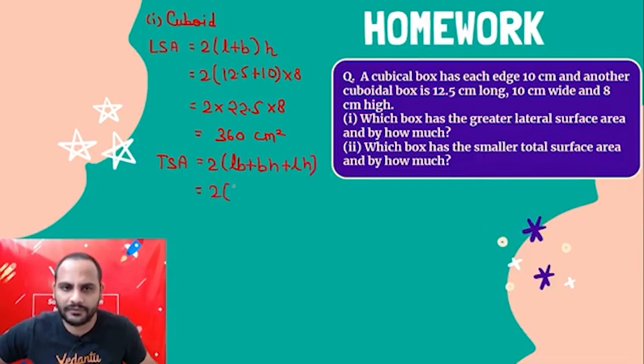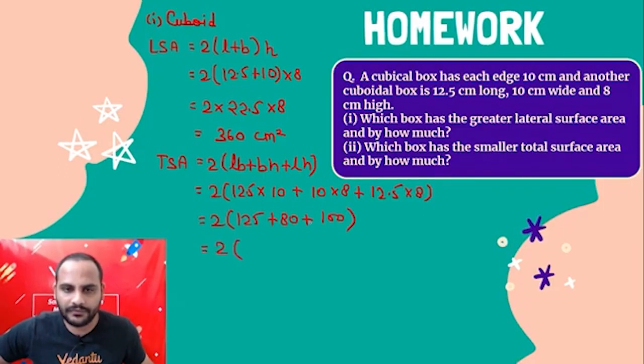So 2 times of 12.5 into 10 plus 10 into 8 plus 12.5 into 8. So it will be 2 times of 125 plus 80 and plus 100, right? So 2 times of 305 will be equal to 610 centimeters square.